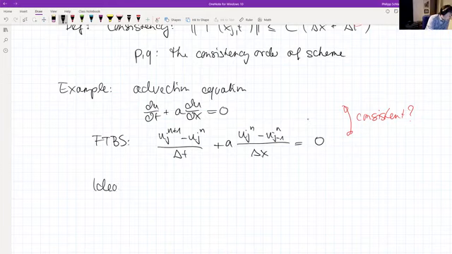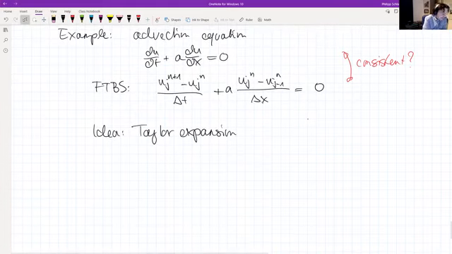So the idea, we do Taylor expansion. Okay, so how do we do that? Well, essentially, we need to replace all the different terms here with adequate Taylor expansions. And in this particular case, we see that we have u^(n+1) and u^n. So we need to do a Taylor expansion in time. And we have u_j and u_(j-1). So we need to do a Taylor expansion also in space.